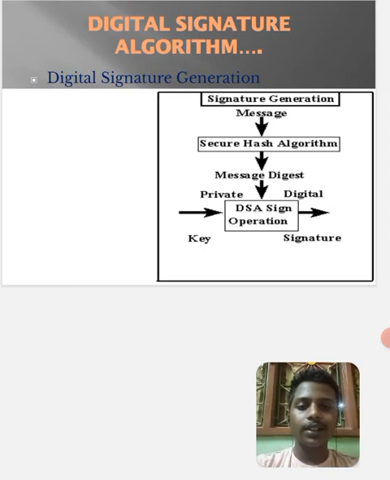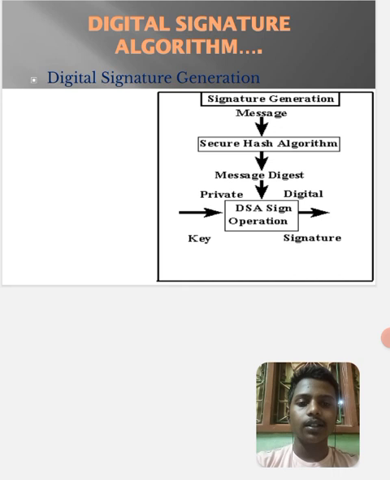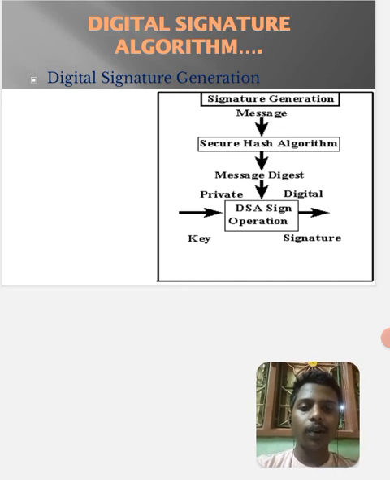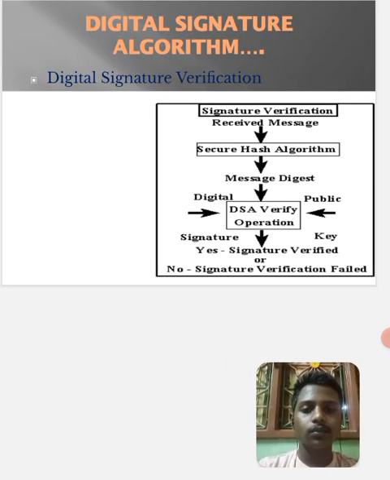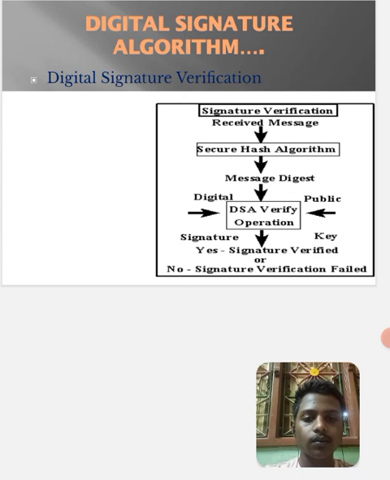A digital signature algorithm. Digital signature generation. The message is passed to the secure hash algorithm, and the message and private key are involved in a DSA sign operation, and the digital signature is sent.